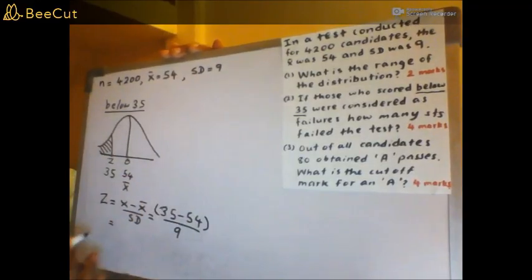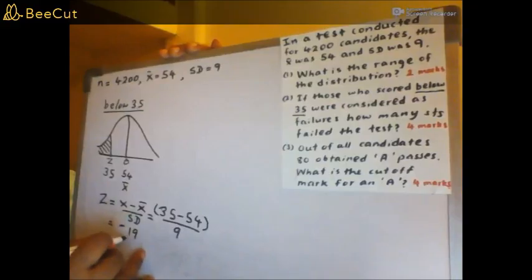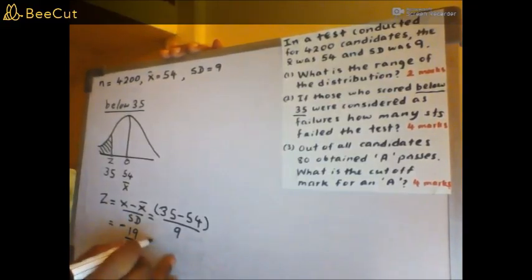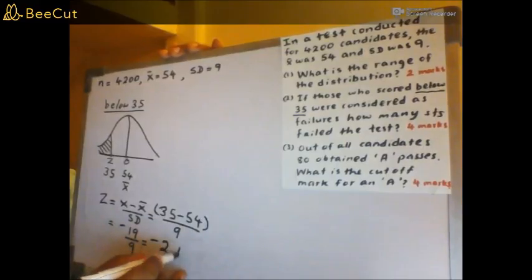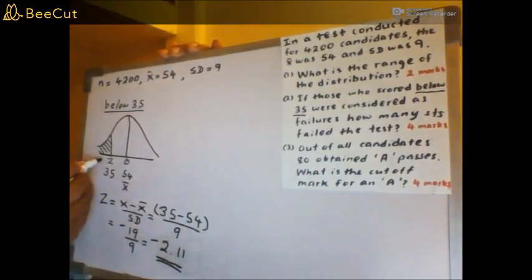So the answer is minus 19 divided by 9. Our Z is minus 2.11, right? So this one is minus 2.11.